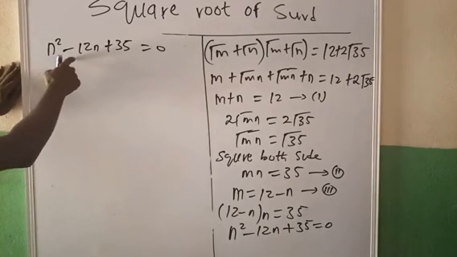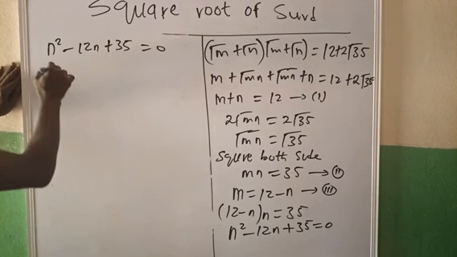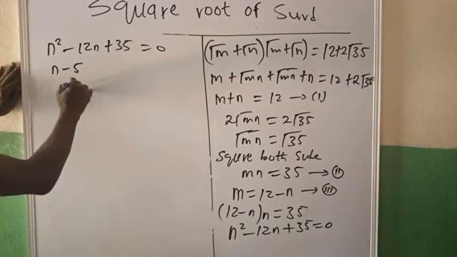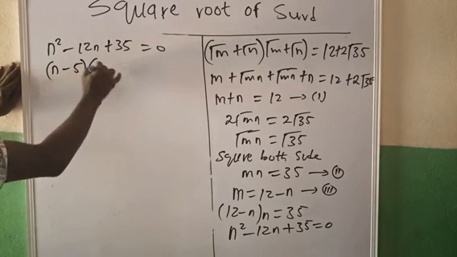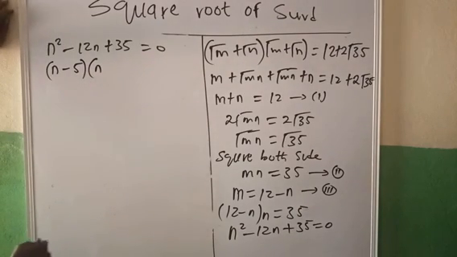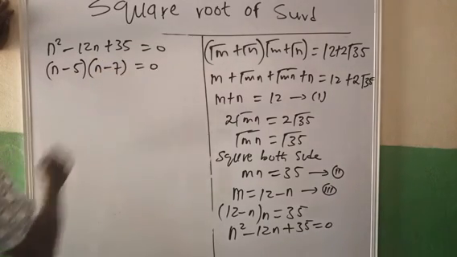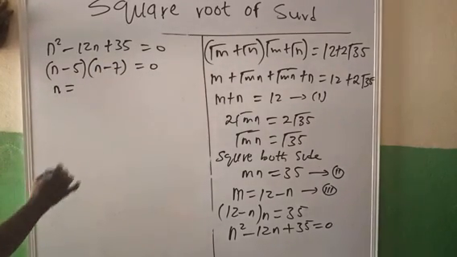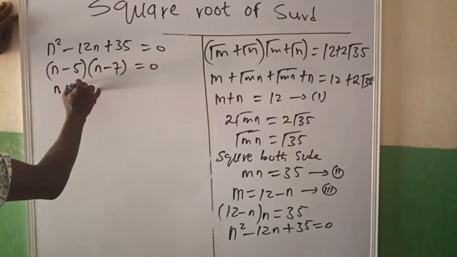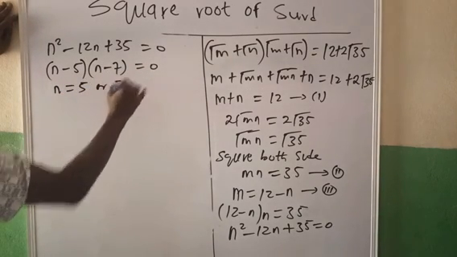If you factorize, 2 factors that multiply to give 35: n minus 5 and n minus 7 will be equal to 0. So your n is 5 or 7.